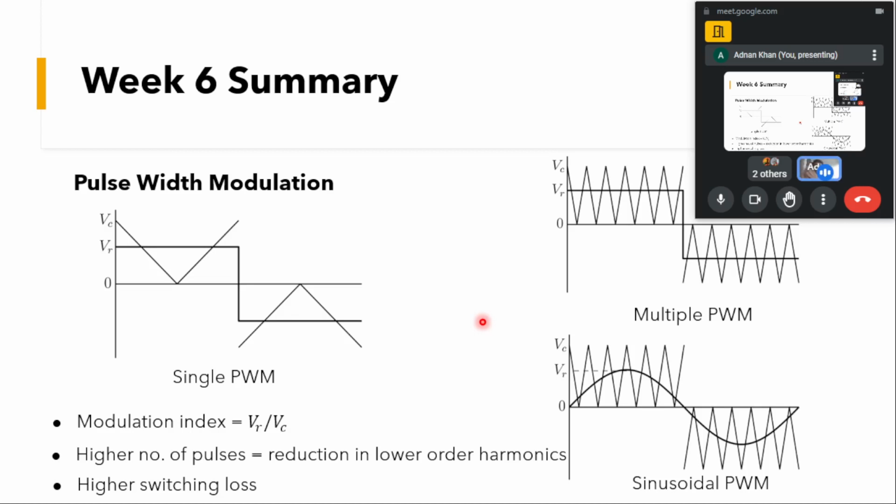So we have to find an optimum point where we have more pulses, our switching loss is optimized, and our THD is also better.